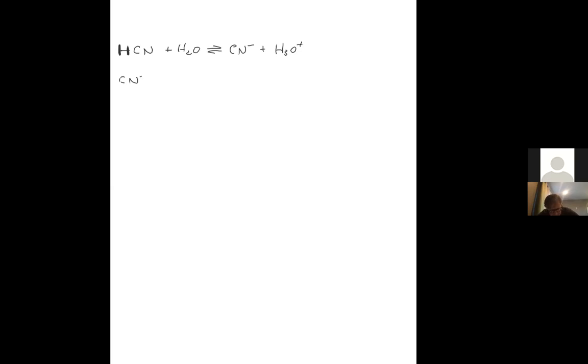Here's our second one. Notice they both react with water. Bases react with water, acids react with water. So this is going to be HCN plus OH minus, right? Let's just make sure we have the direction of the protonation. The proton's going this way here, but here the proton's going that way. Now what I'm going to do is add these two equations.